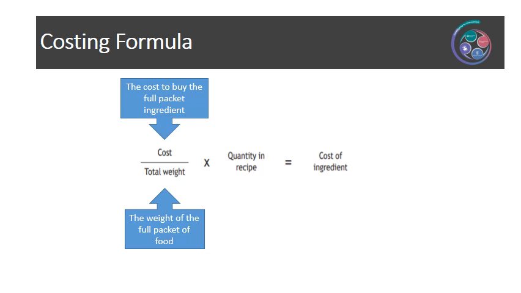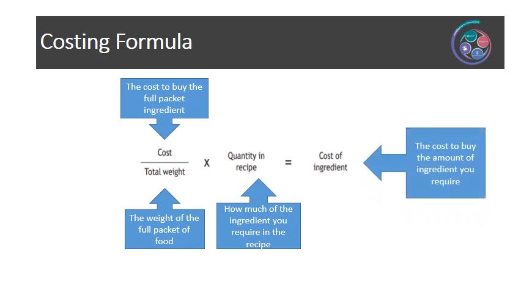So your 99p bag of pasta may have 500 grams of pasta in it. However, you do not require to use a full bag of pasta in your recipe. Therefore, you're going to times it by how much of the ingredient that you require in the recipe. It may just be 50 grams. And this will then give you the cost to buy the amount of ingredient that you require.